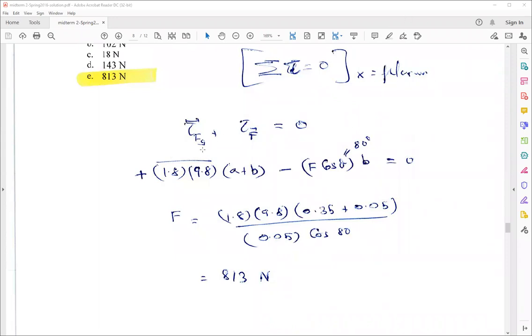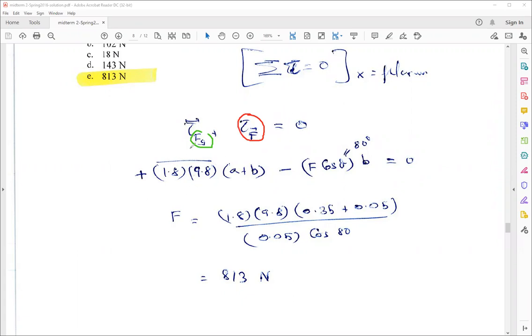Okay, now torque due to force, plus torque due to gravitational pull. I have first the gravitational pull, that's the load, and then we have torque due to the bicep muscle force.